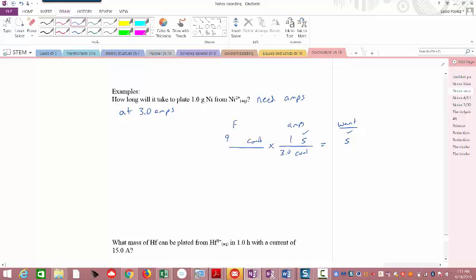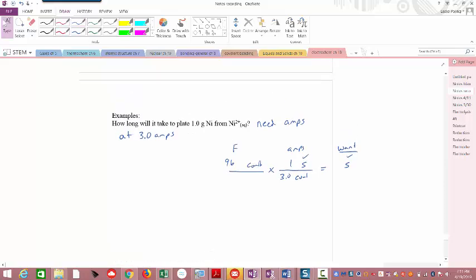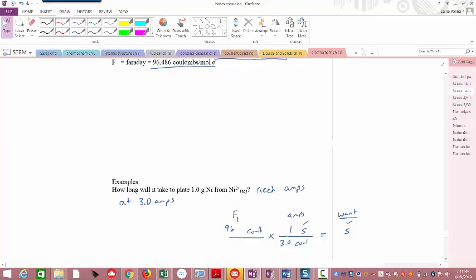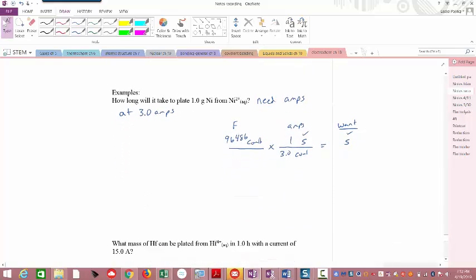And here's where we have our Faraday's constant, 96,486 coulombs per mole of electrons. So moles of electrons is 2 per each 1 mole of nickel, because it's nickel 2 plus.